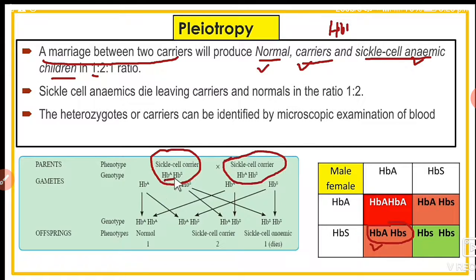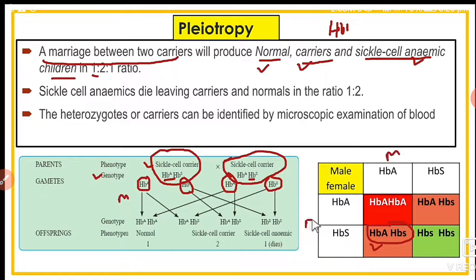This is the example we have seen, in which marriages between sickle cell carriers produce HBA and HBS gametes.